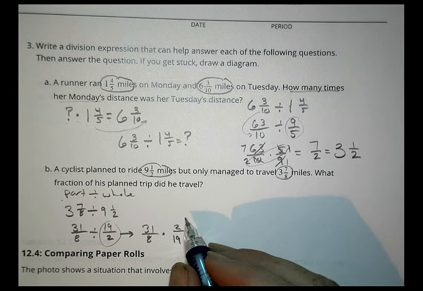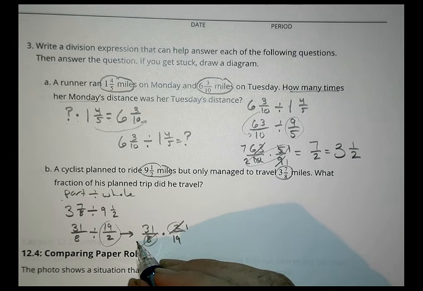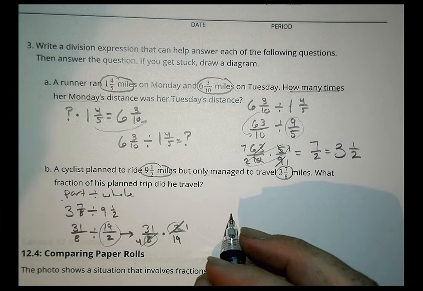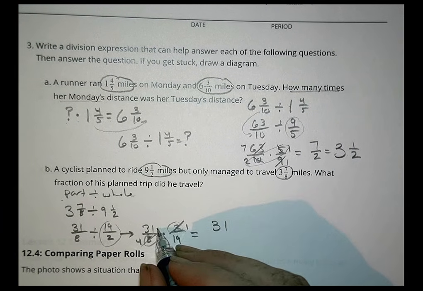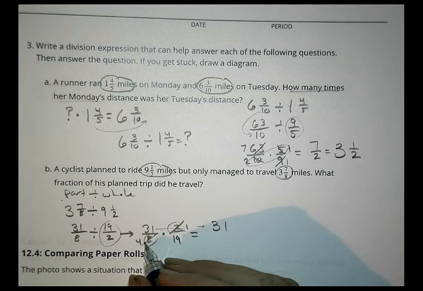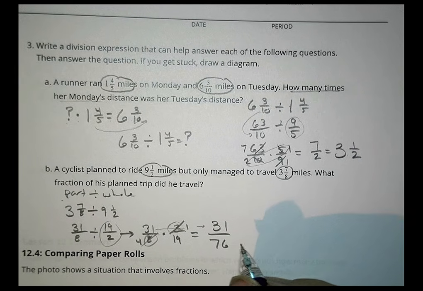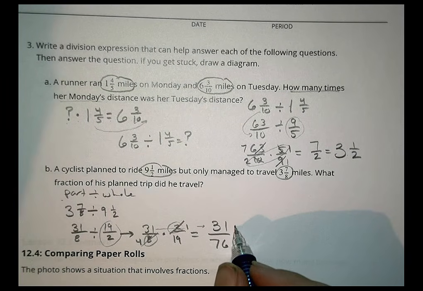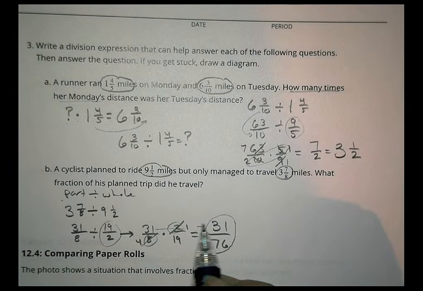We know that 2 and 8, there's 1 2 in there, and there are 4 2s in there. 19 and 31 are just some funny numbers. We just leave them like they are, nothing we can do about them. So in the top numerator, we have 31, and 4 times 19, using a calculator, I got 76. And we leave it just like that. So what fraction of the trip did he finish? 31/76. Is that a nice number? Nope, it's just a number. So have a good day with a number.